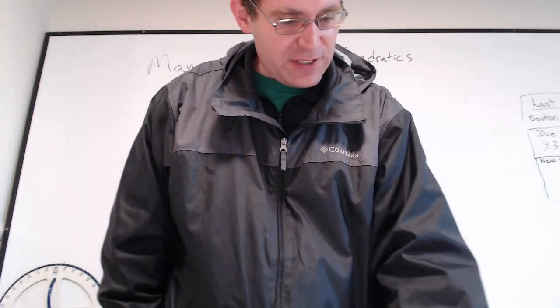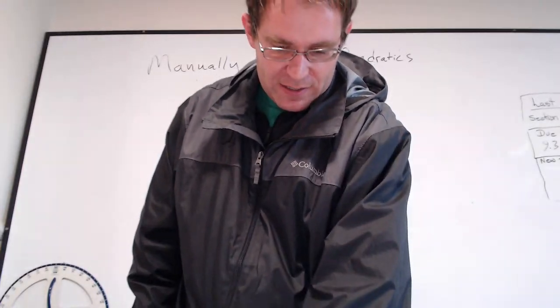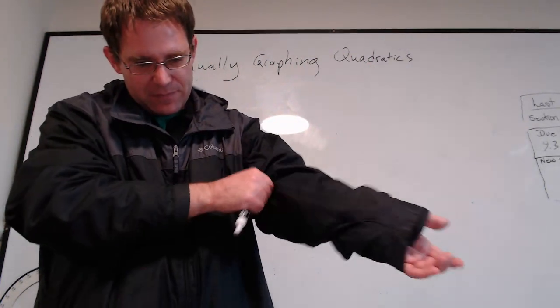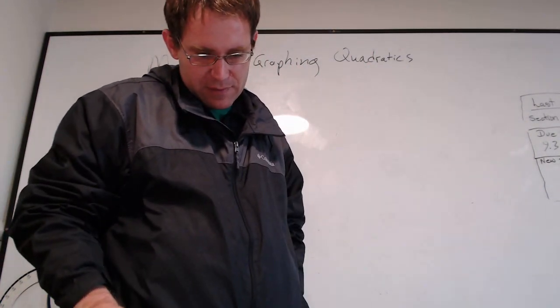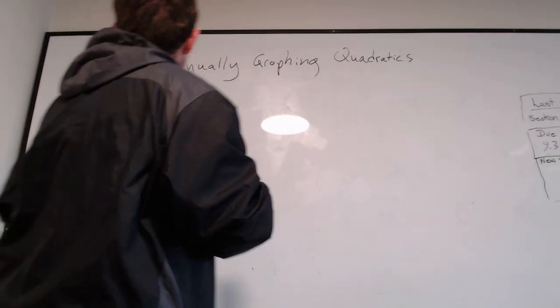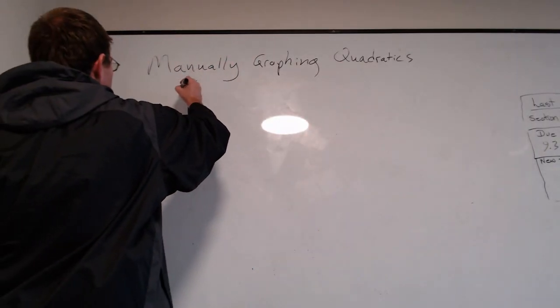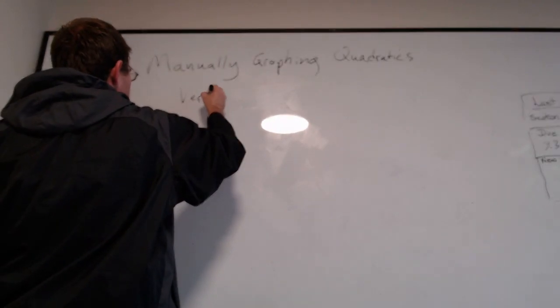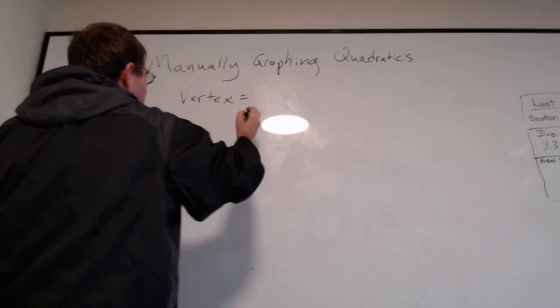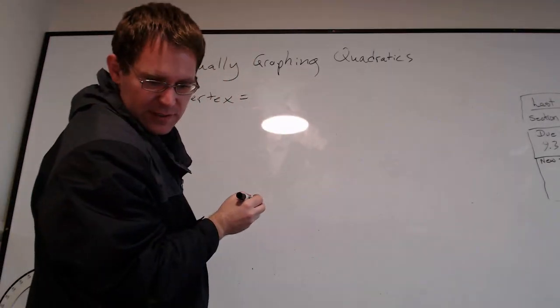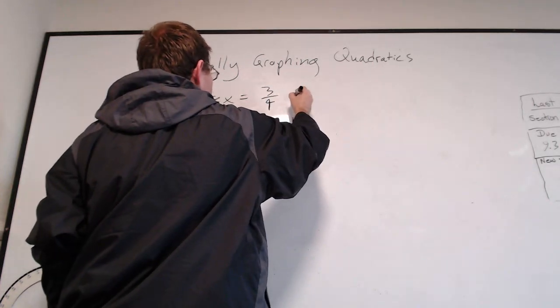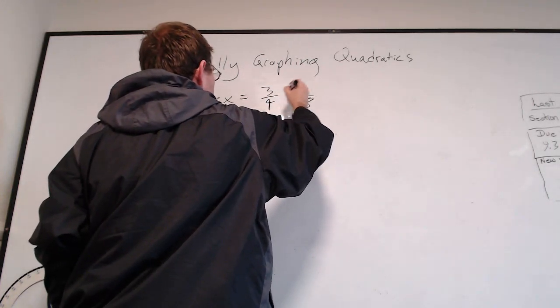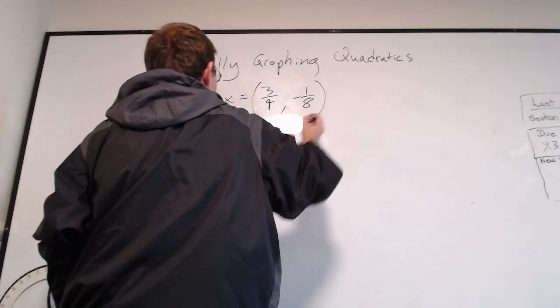Is this step 4 or 5? No, this is step 4. So the vertex is 3/4, -1/8.